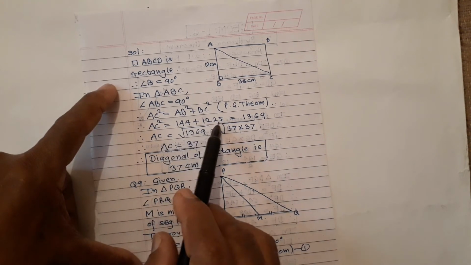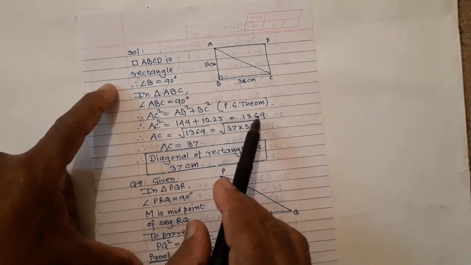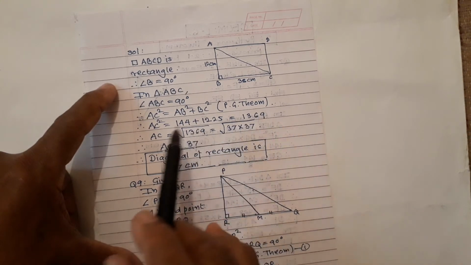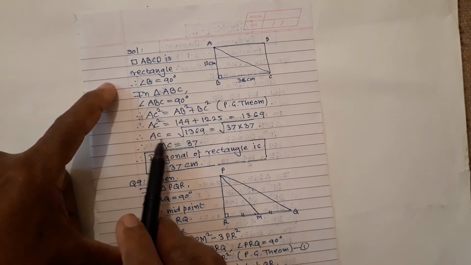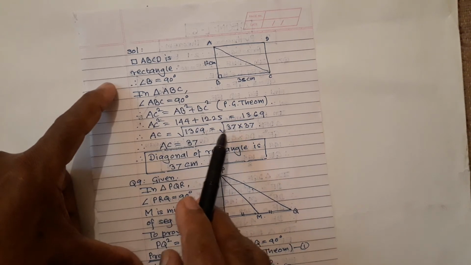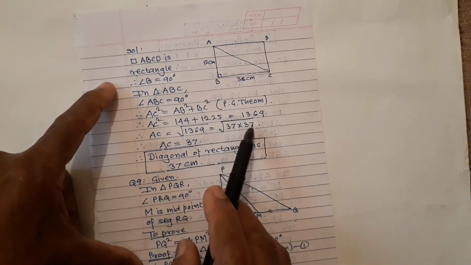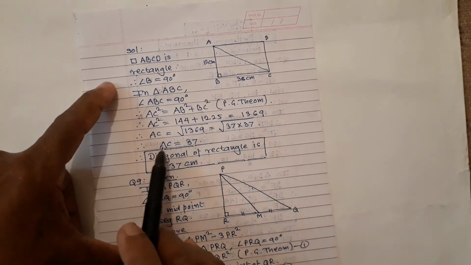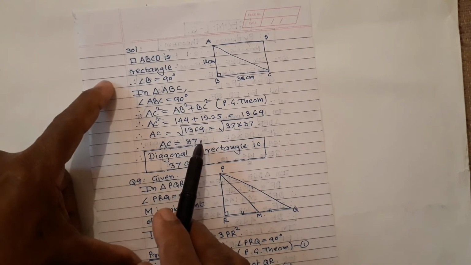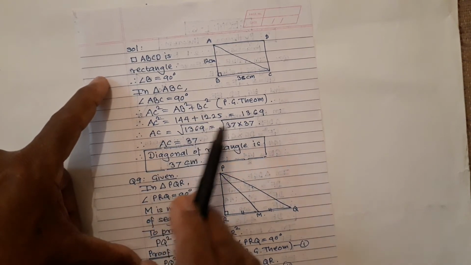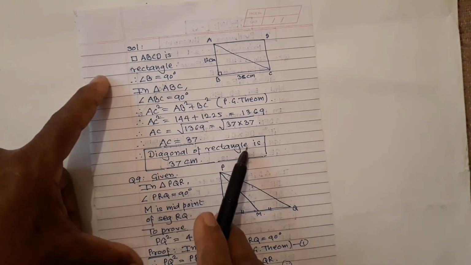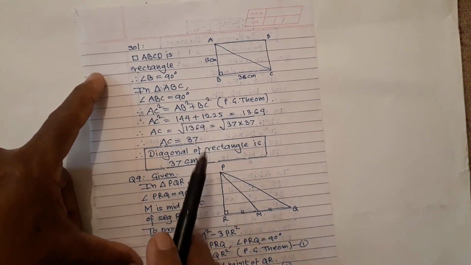So if you add this, you will get 1369, and hence AC is equal to root of 37 into 37, so that is equal to 37. Okay, so the diagonal of the rectangle is 37 centimeter.